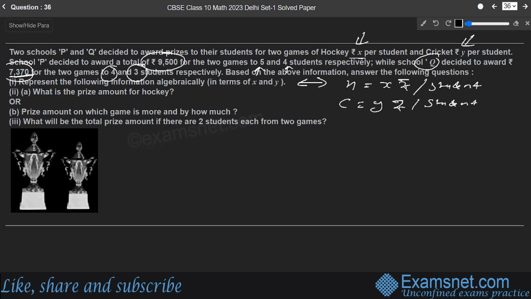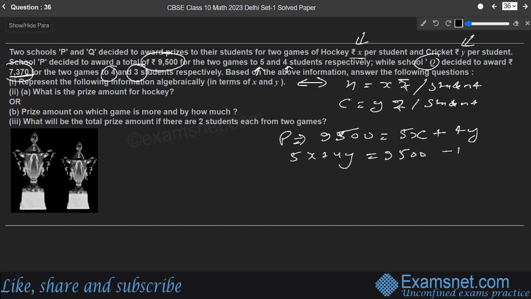For the case of school P, the total money is 9,500, and it can be given by five hockey players, so the total money for hockey is 5x, plus four cricket players, so the total for cricket is 4y. So 5x plus 4y is equal to 9,500.